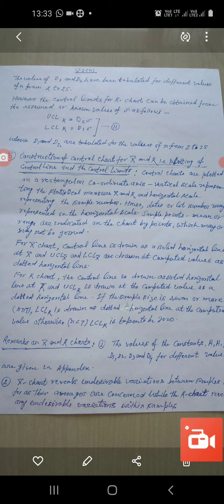Otherwise, n is less than 7, LCL R is taken to be 0. Means for n less than 7, the lower control limit for R is assumed to be 0.